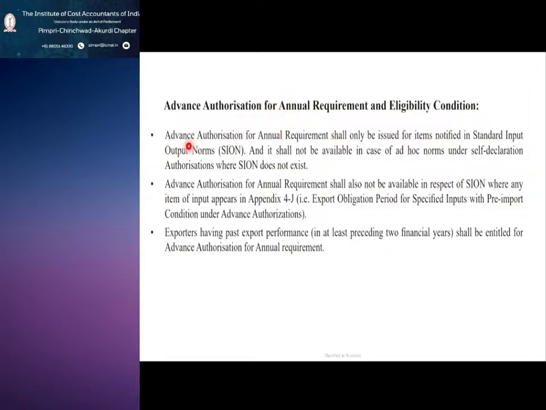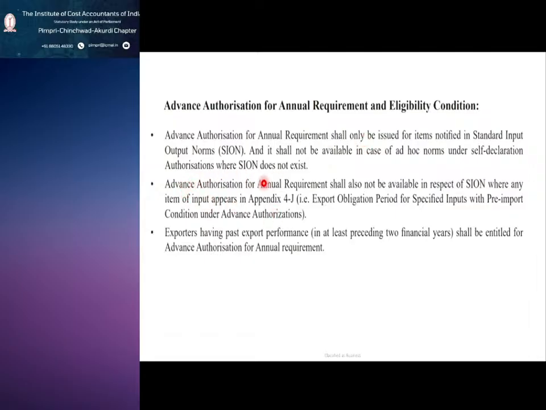The advance authorization for annual requirement is issued for items specified in SION. If the items are there in the standard input-output norms, you should not apply through self-declaration; that is not allowed. When you get your authorization for annual requirement, the items must be notified in the SION, standard input-output norms.